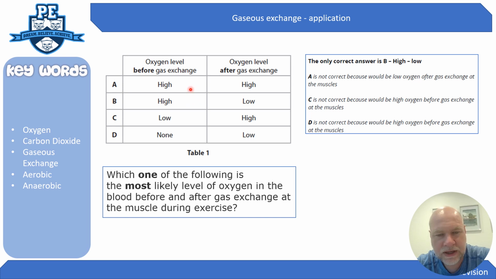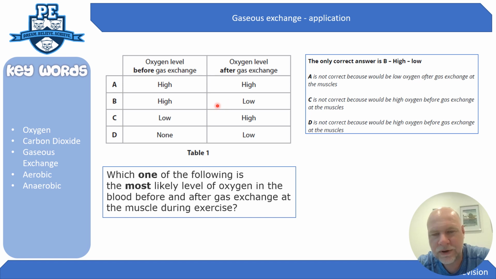The question is oxygen in the blood, and it says before gas exchange at the muscle. So a high amount of oxygen in the blood before, and after gas exchange, the oxygen has left the blood and gone into the muscle.